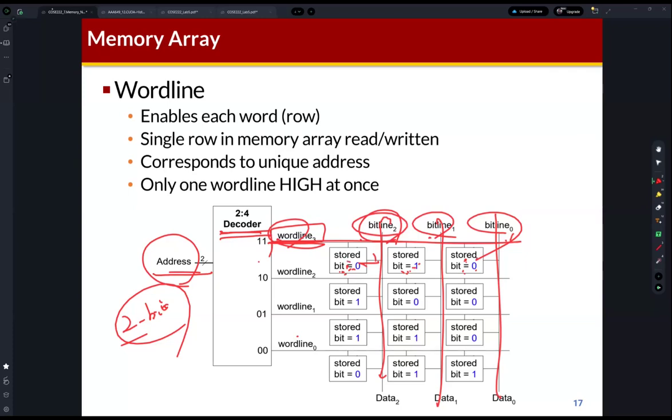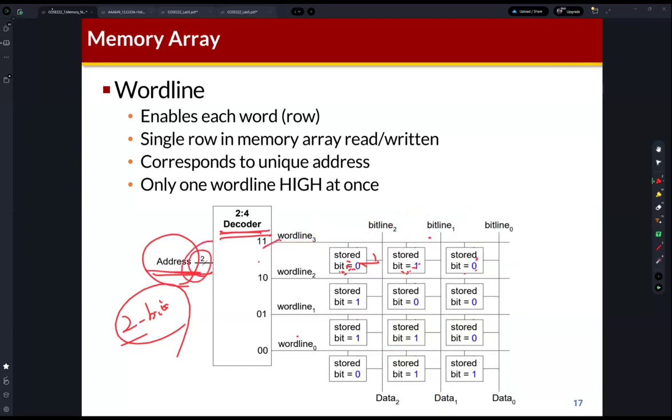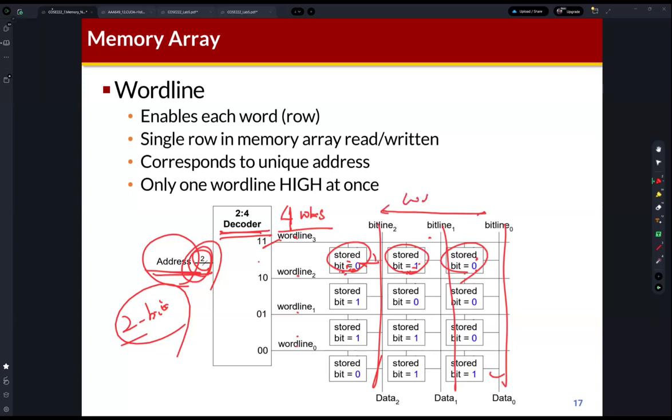The address is 2-bit. Using the 2-bit address, we can generate the 4 word lines. In each word line, 3 memory cells are connected, so there are 3 bit lines. This is the width of the memory. The width of the memory is 3 bits.